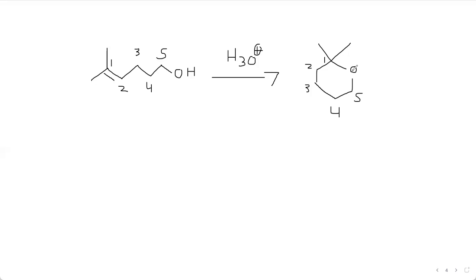So because O is being bonded to carbon 1, that means somewhere in the mechanism, I'm going to have to do something like this. The O is going to have to attack that carbon eventually. Now, this is not the right step, but you're going to have to do something like that in the mechanism.